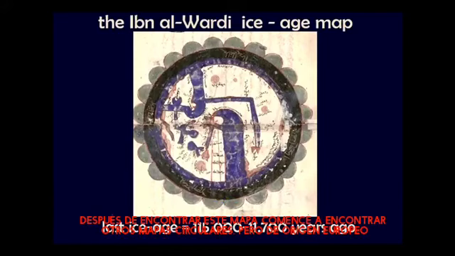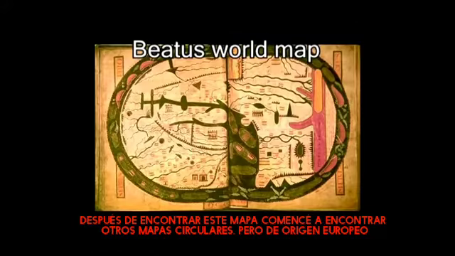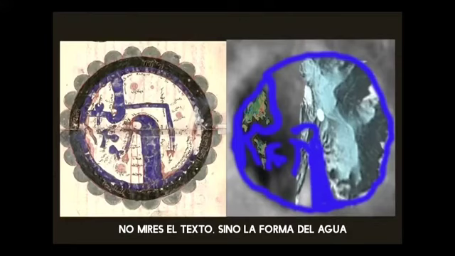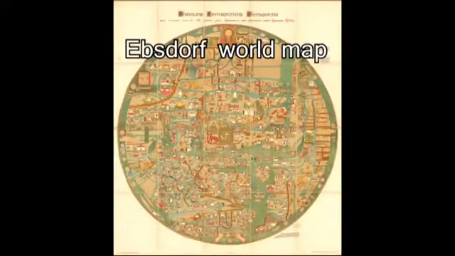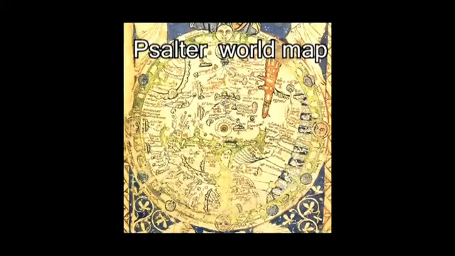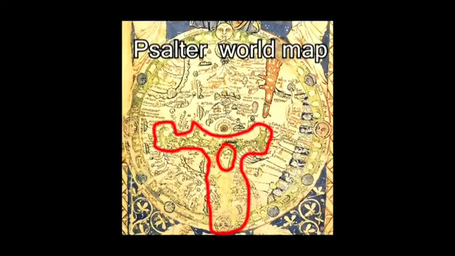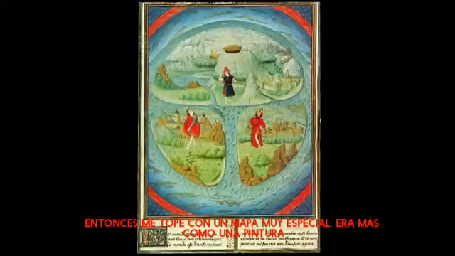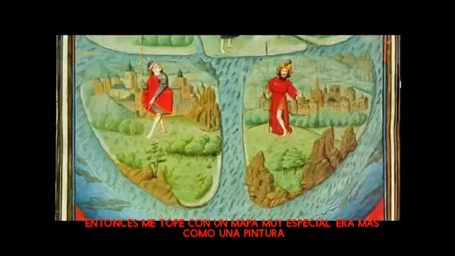After finding this map, I started finding other circular maps, but of European origin. Don't look at the text, but at the shape of the water. Then I bumped into a very special map. It was more like a painting.